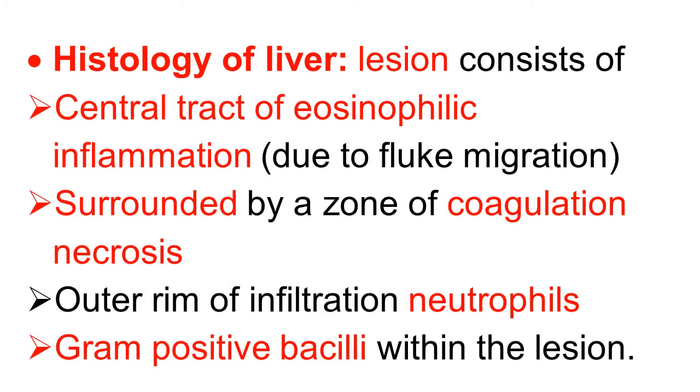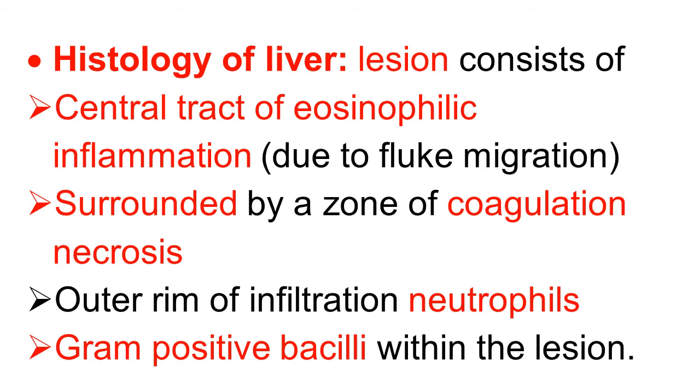Here we discuss characteristic histological findings of the liver lesions. The lesions consist of a central area of eosinophilic inflammation that is due to fluke migration. The body reacts to the fluke and it is a histamine reaction. So there is eosinophilia in this area.